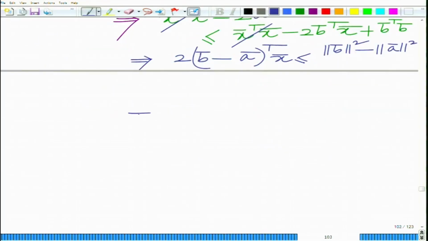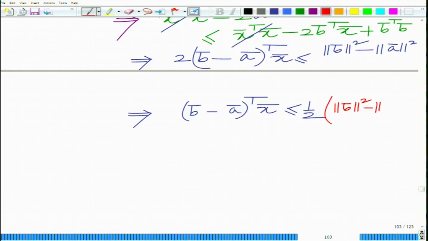which implies that b bar minus a bar transpose x bar is less than or equal to half norm b bar square minus norm a bar square.